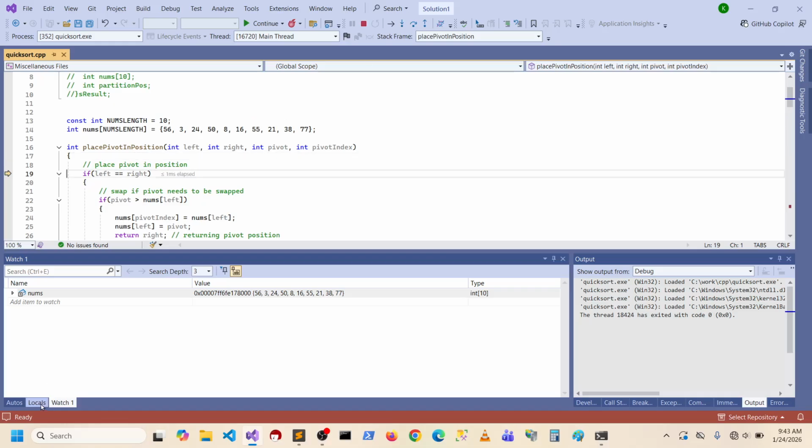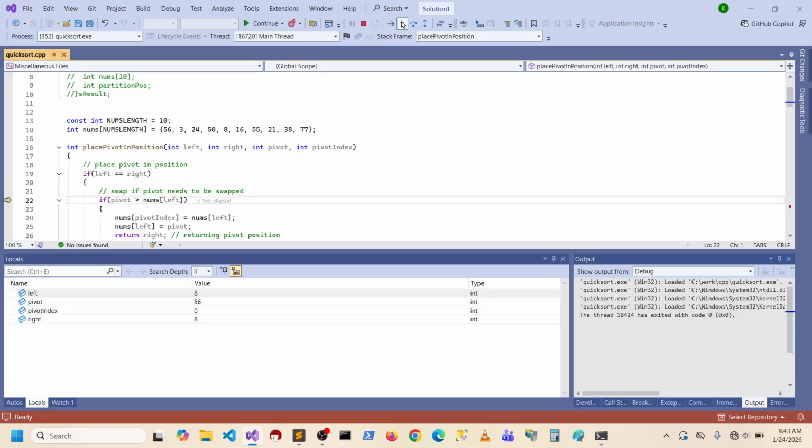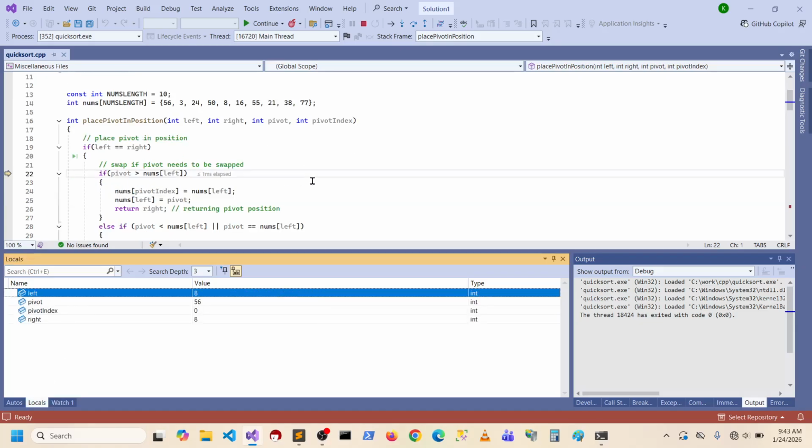All right. So now 38. Okay, it's not. Or yeah, pivot is greater. So it should go in and swap.